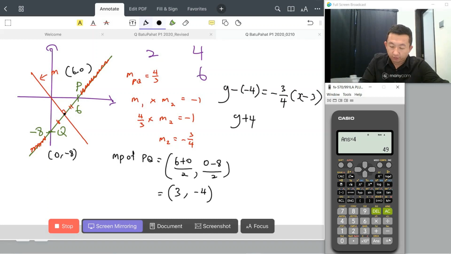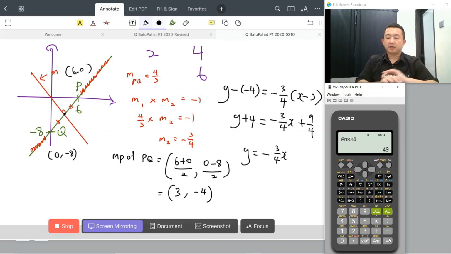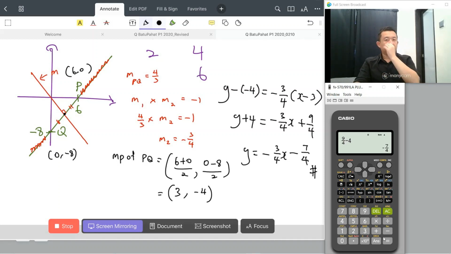So y plus 4 equals negative 3 over 4 x plus 9 over 4. The final answer: 9 over 4 minus 4, negative 7 over 4. Okay, this is the equation of the perpendicular bisector.